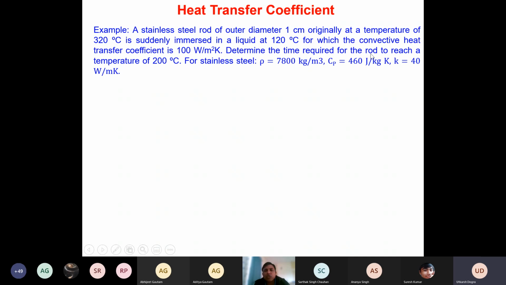Determine the time required for the rod to reach the temperature of 200 degrees Celsius. For stainless steel, rho is 7800, Cp is 460, K is 40 watt per meter Kelvin.